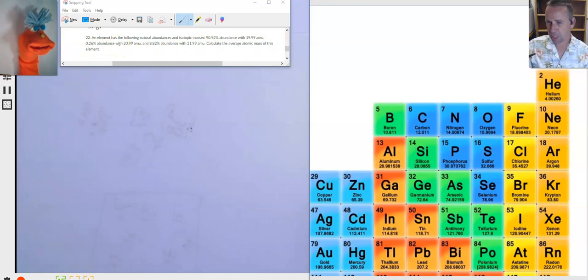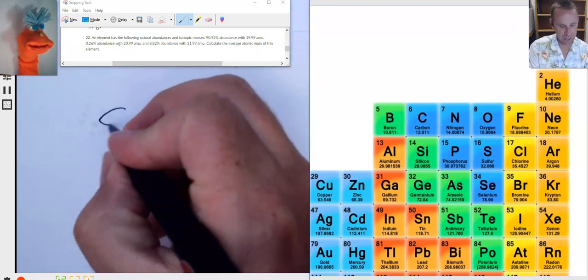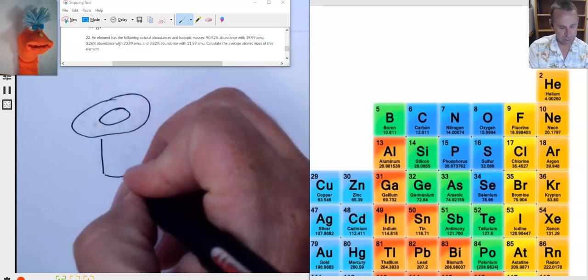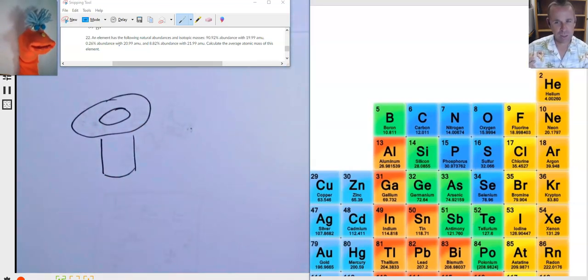But there are not 3 different atoms, right? There are a lot of different atoms in the hat, and they pulled out a lot of them. And it wasn't a third was this, a third was that, and a third was that. If it was just a third, a third, a third, then you would add them up and divide by 3, and you'd be fine. But 90.92 were 19.99. That's a pretty high percentage. So the mass is going to be very close to 19.99.